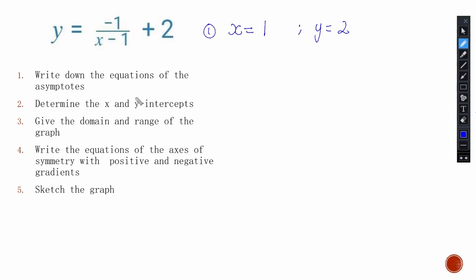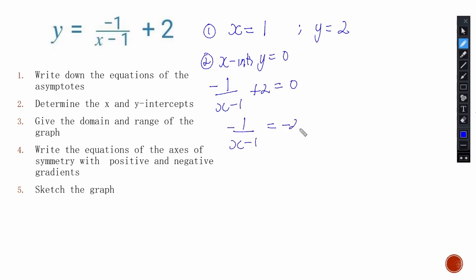Now, determine the x and y intercept. For the x-intercept, we start by making y 0. So it's -1 over x minus 1 plus 2 equal to 0. First thing is we take this 2 and transpose it over to that side, and then it's -2. Then we write -2 over 1 so that we can cross multiply.